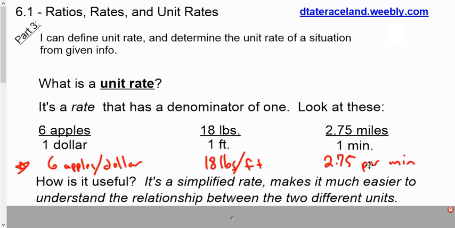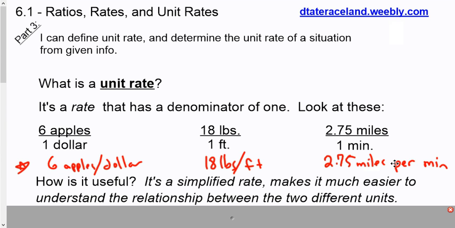Actually, I forgot miles, so let me go through and fix that. 2.75 miles because that goes with the first number, and I could put a slash and say per 1 minute, and don't put the 1 in, and it's just understood that it is. Or if you noticed how I was reading it, I was saying 2.75 miles per minute.